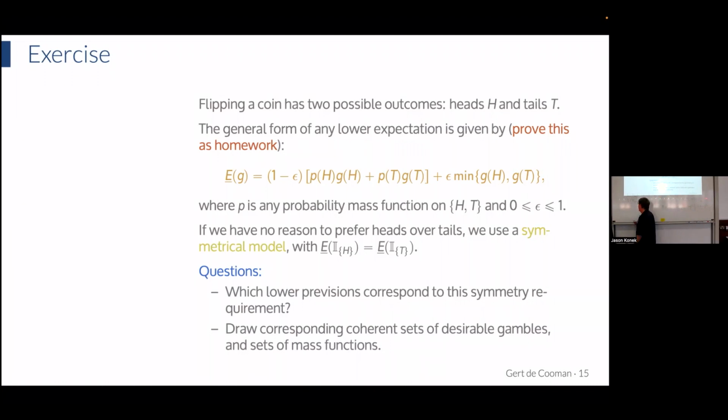So this means that if I draw a set of desirable gambles, there must be this symmetry between exchanging heads and tails. My set of desirable gambles must be symmetrical with respect to this line, so it will look something like this.